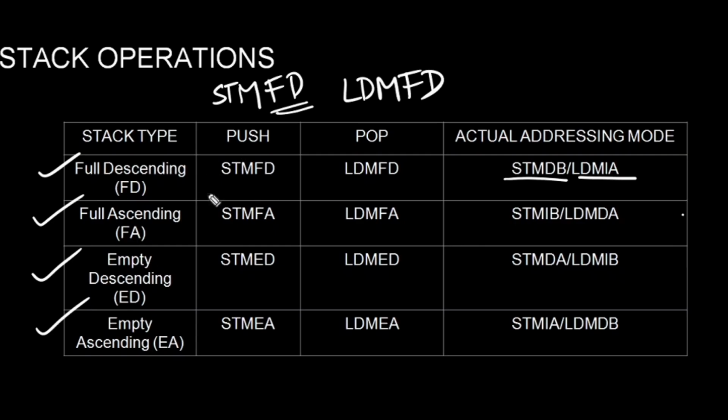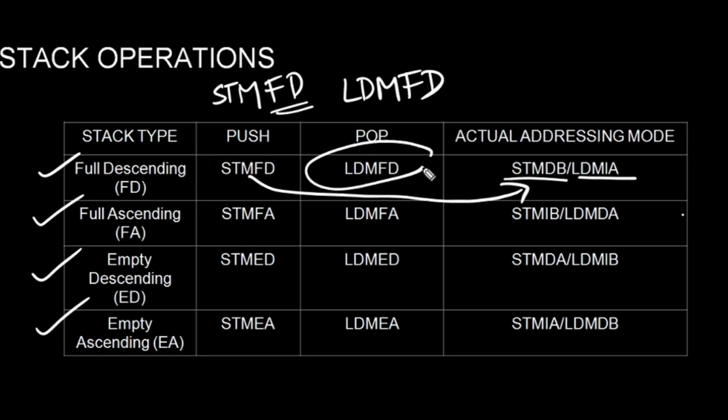So in order to store I have to use this particular command, but internally it gets converted to the instruction STMDB, which is store multiple decrement before. I have explained in detail what it is in the previous session, so for now I'll just specify what each instruction gets converted to.